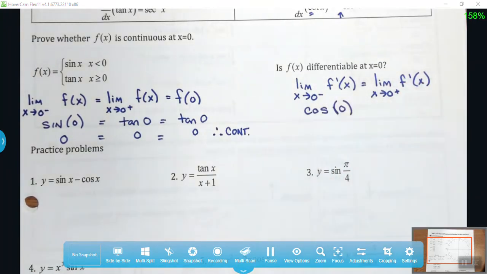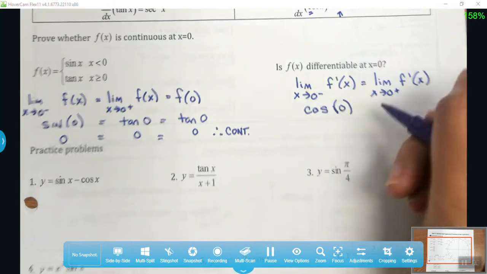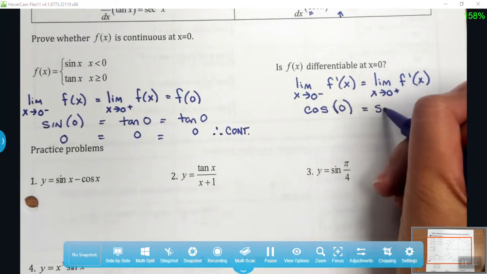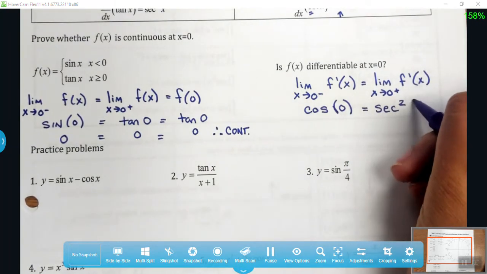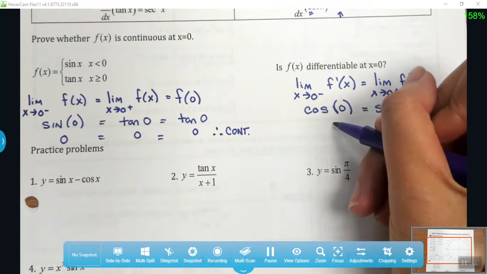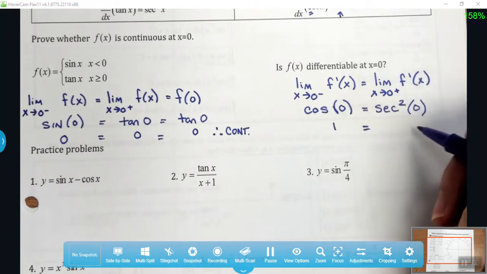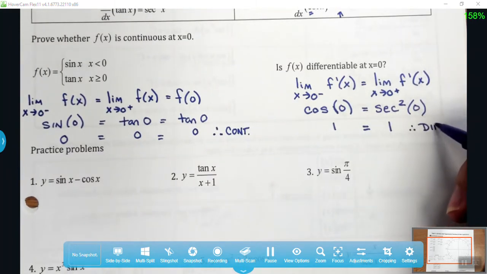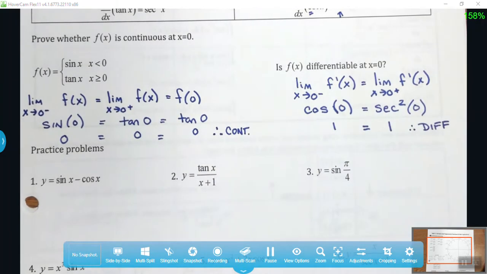What's the derivative of tangent? Secant squared. Plug in 0. Cosine of 0 is 1. Secant squared of 0 is 1. Okay, cool. Therefore, differentiable. Nice. We've proved continuity and differentiability. You remember that? Yeah? Okay.